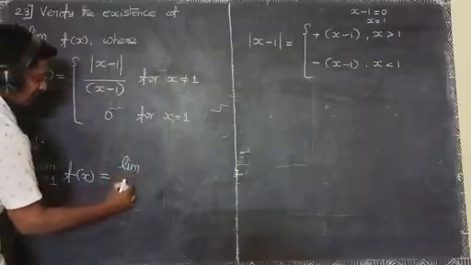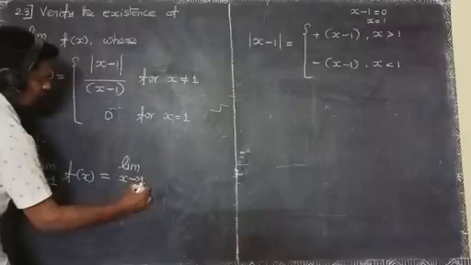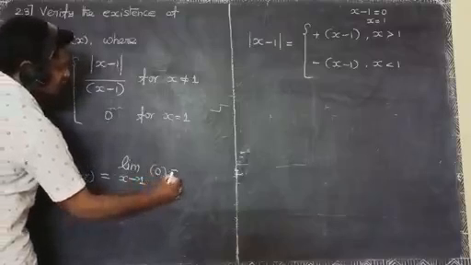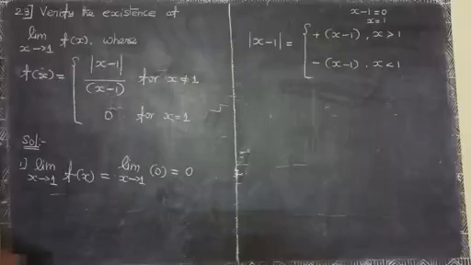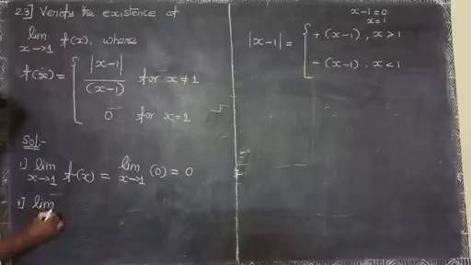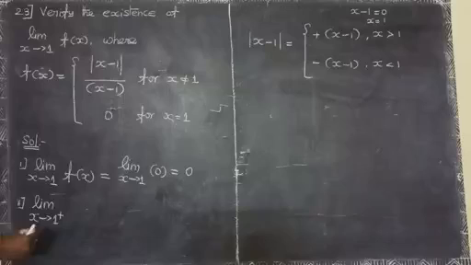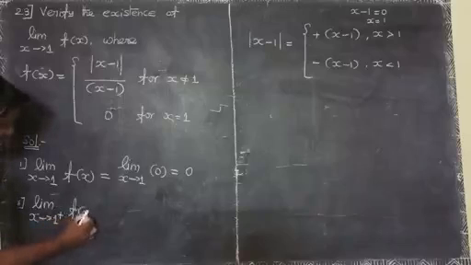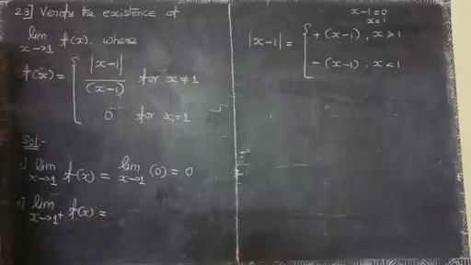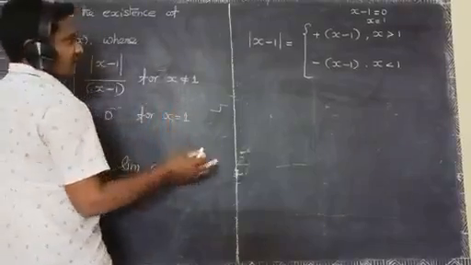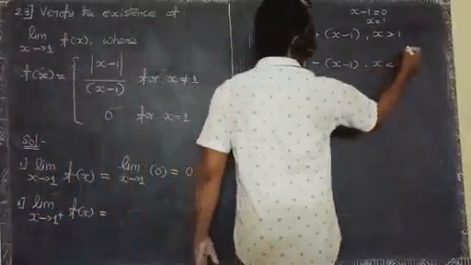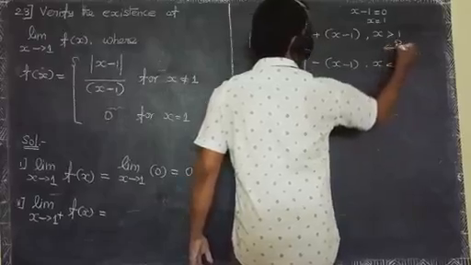The limit as x approaches 1 is 0. The second one, the limit as x approaches 1 from the right of f(x). 1 plus means approaches from the right side.